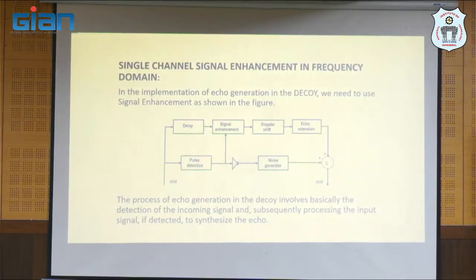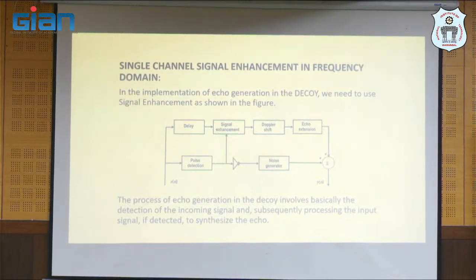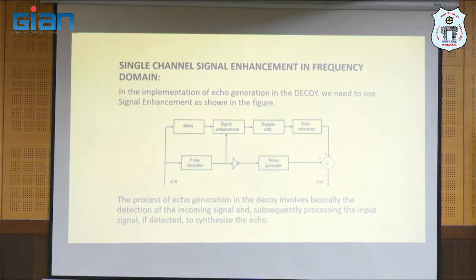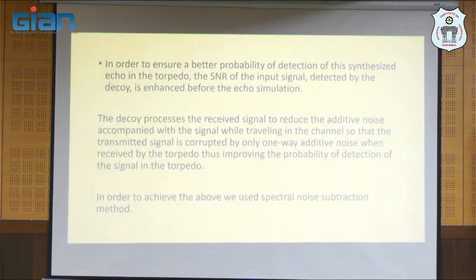Here I used frequency domain single channel signal enhancement. Basically, we use a single transducer, a single hydrophone, so it is single channel signal enhancement, and then the remaining echo synthesis is done after improving the SNR.